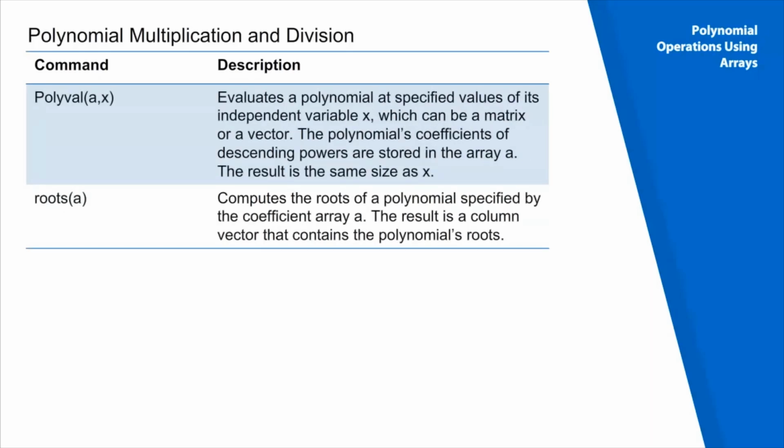Then we have polyval(a, x), which evaluates a polynomial at specified values of its independent variable x, which can be a matrix or an array. The polynomial's coefficients in descending powers are stored in array a. The result has the same size as x. Then we have roots(a), which computes the roots of a polynomial specified by the coefficient array a. The result is a column vector that contains the roots of the polynomial.